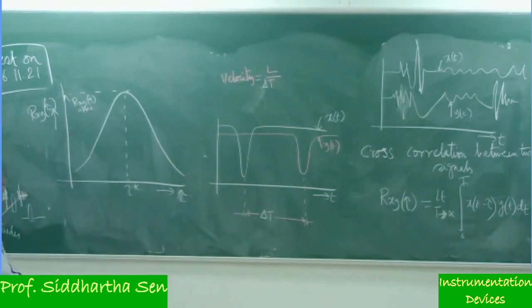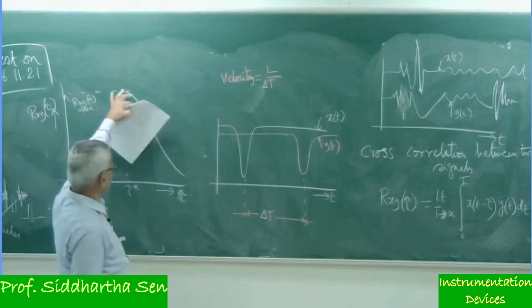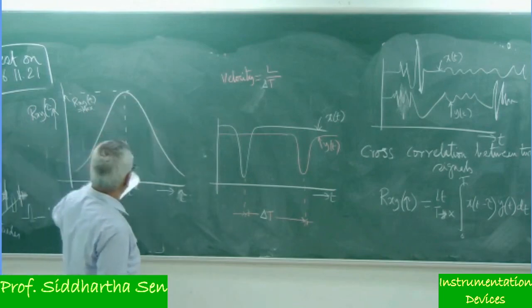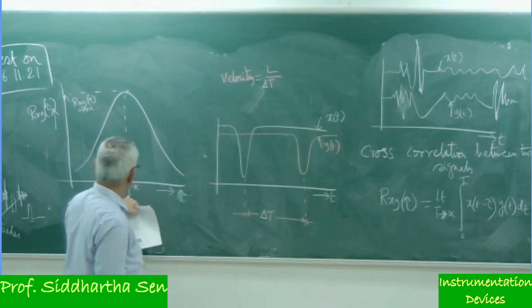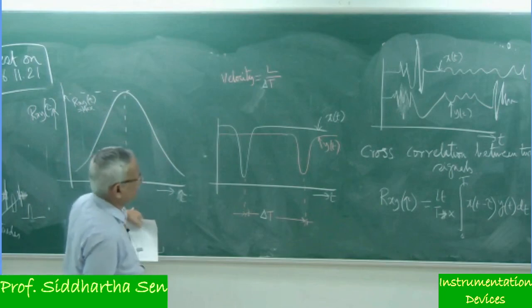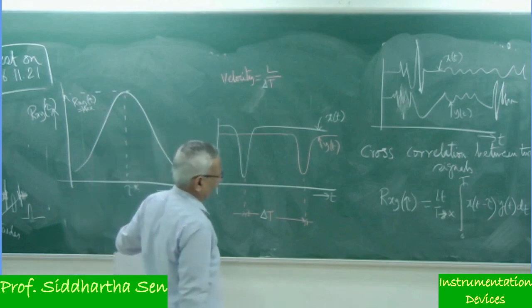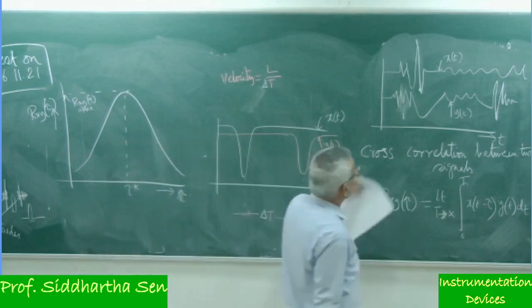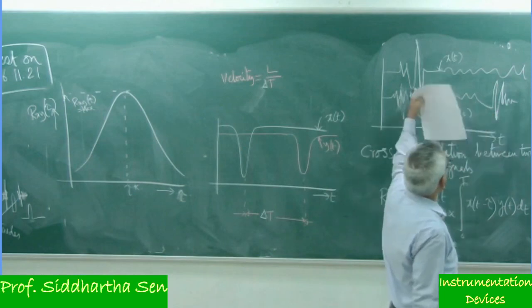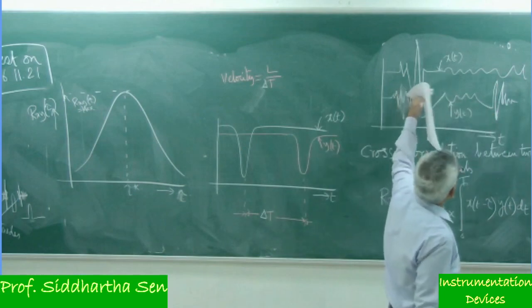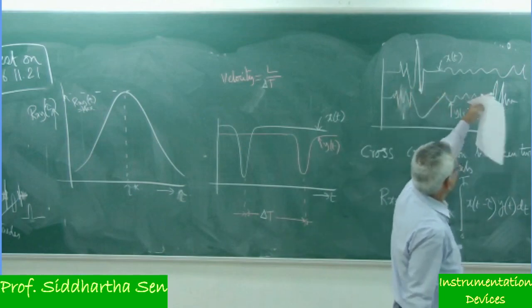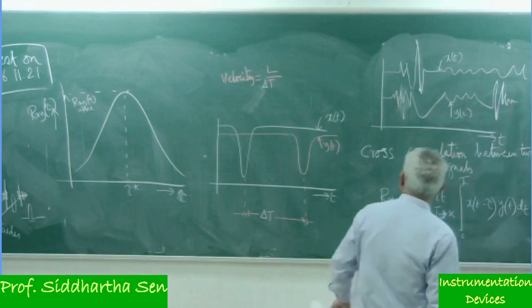The point is that what is important is not the value, but at what value of tau star we get R_xy of tau maximum. Though they are not exactly a replica, still you will be able to shift it and see at one point what the value is.